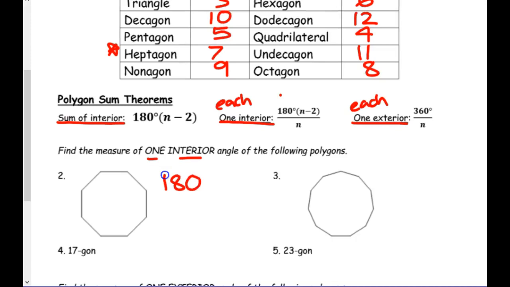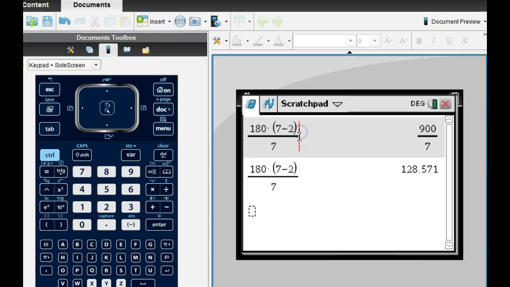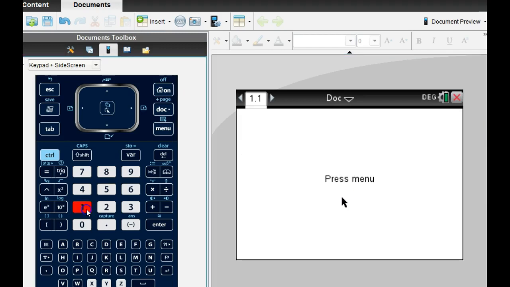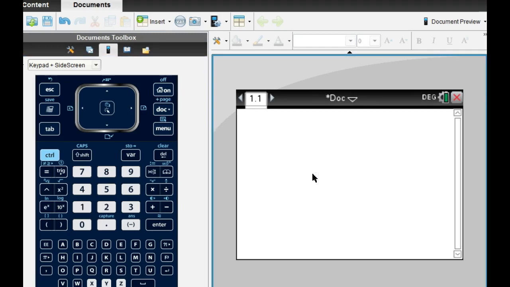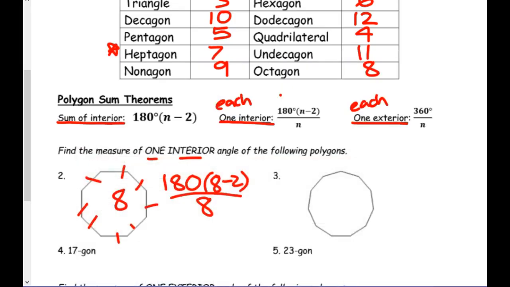And then n is 1, 2, 3, 4, 5, 6, 7, 8-sided figure, right? So 180 times 8 minus 2 divided by 8. We get 135.